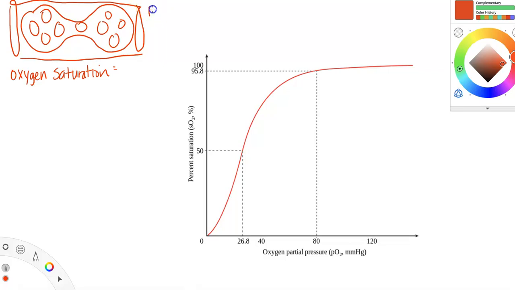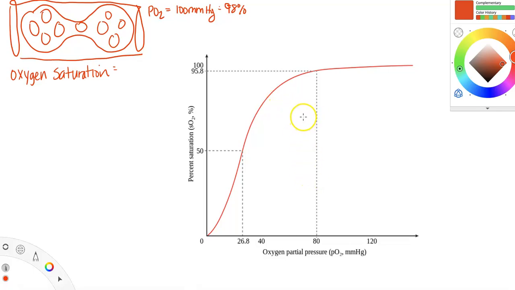So at a partial pressure of 100 millimeters of mercury, there is basically 98% saturation. So 98% of the seats on here are full when PO2 is 100 millimeters of mercury.